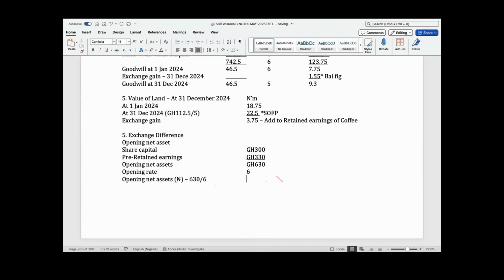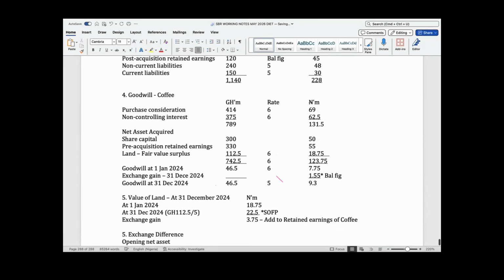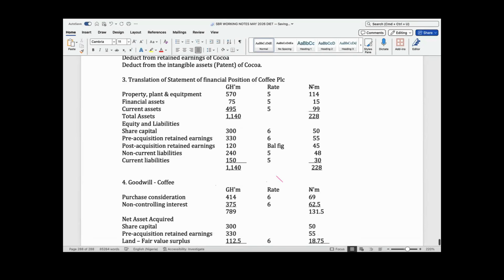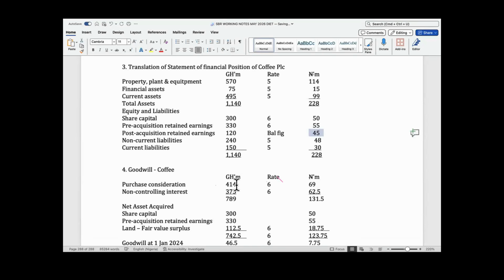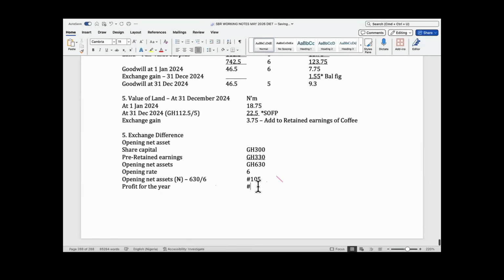How much is that? 105. Okay, then I'll work back: profit for the year, which is the post-acquisition retained earnings in Naira, which is 45.